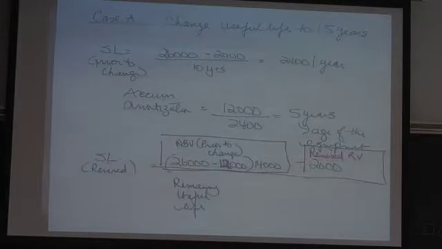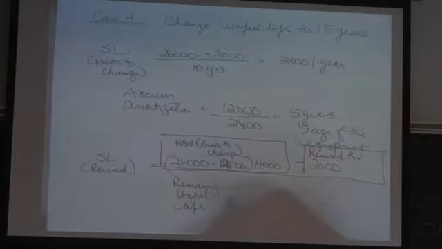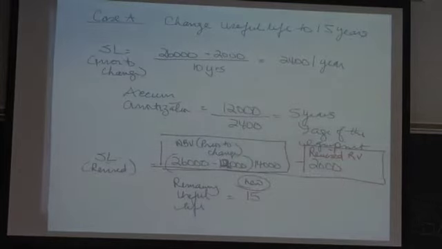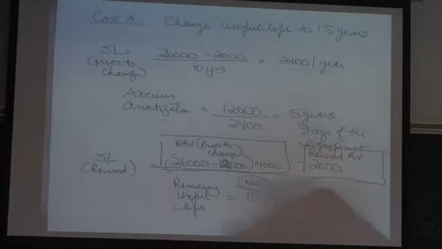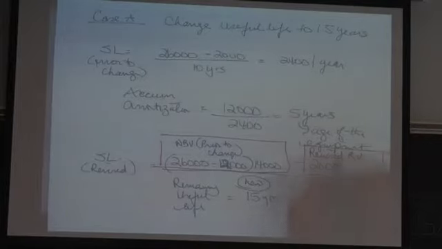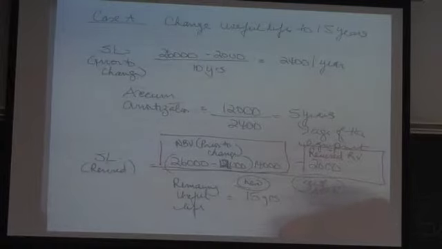So the way I normally do it is we're told that the useful life has changed to 15 years. So this is the new useful life, 15 years, minus the age of asset. And the age of asset is 5 years.